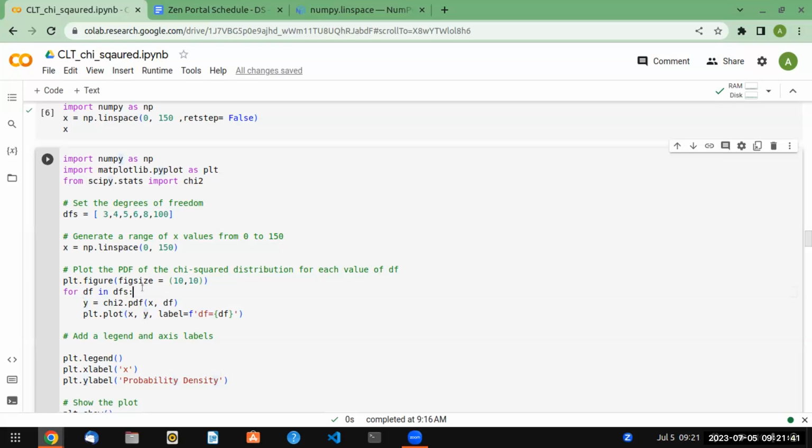In every iteration, if it is iterable, what is the length of Y? Try to think. In every iteration Y will be an array of whatever is the length of X, which is 50.